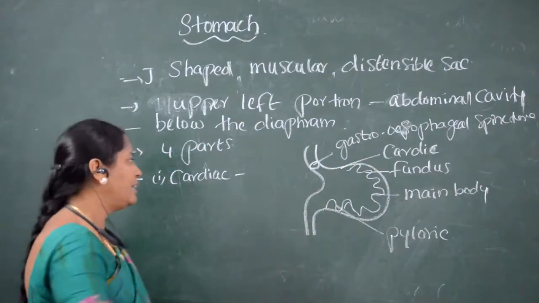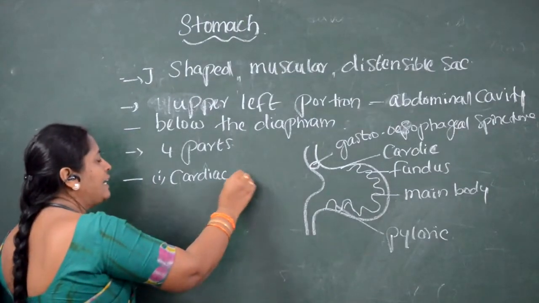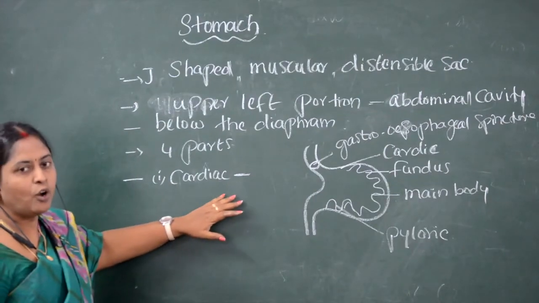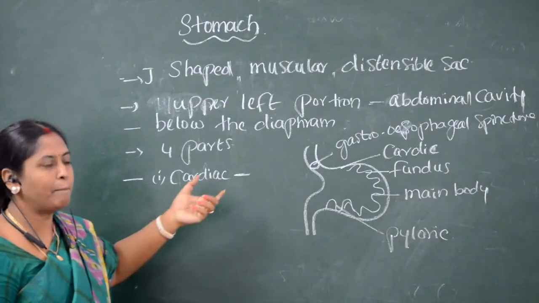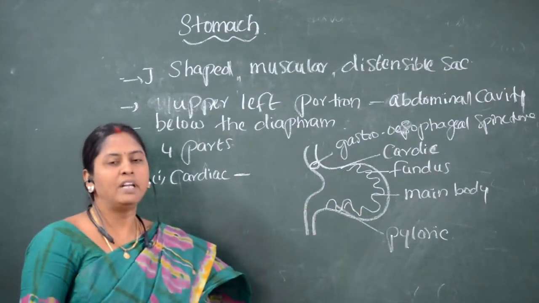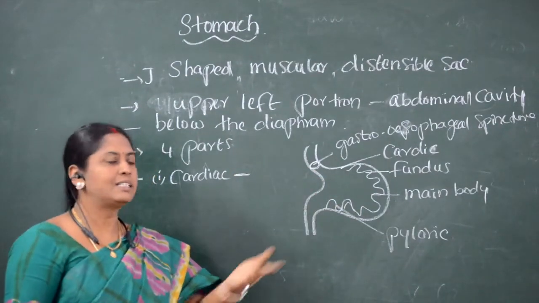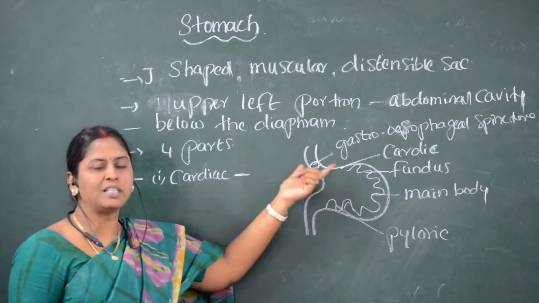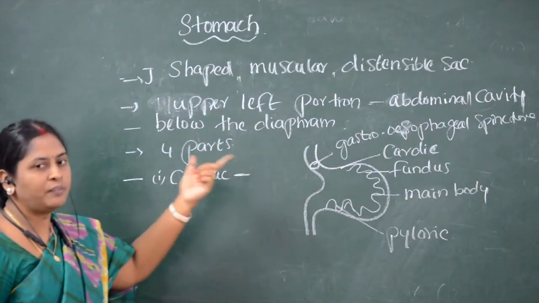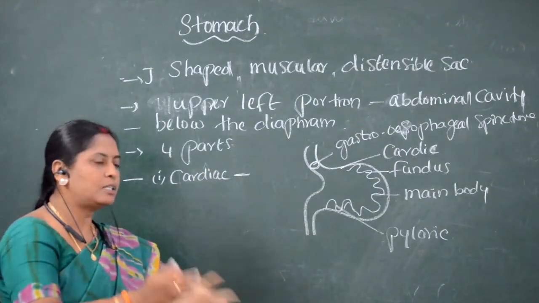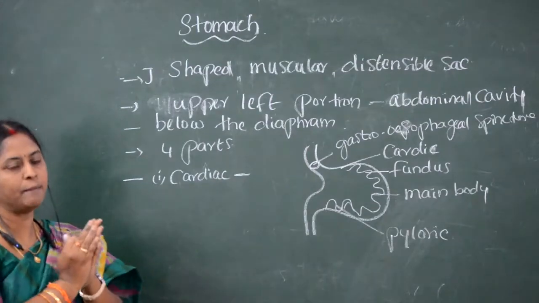In small children the cardiac stomach is not developed well. That means the muscles present in the cardiac stomach, that is the cardiac sphincter between the esophagus and stomach, are not well developed.